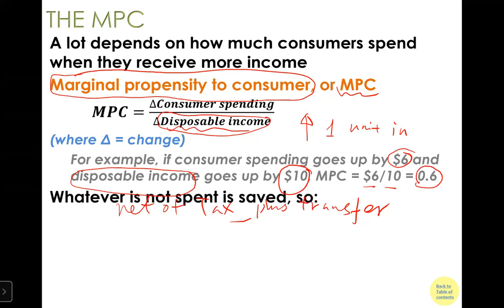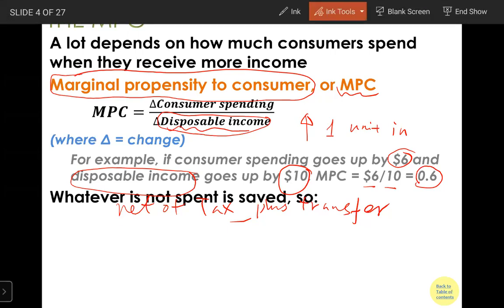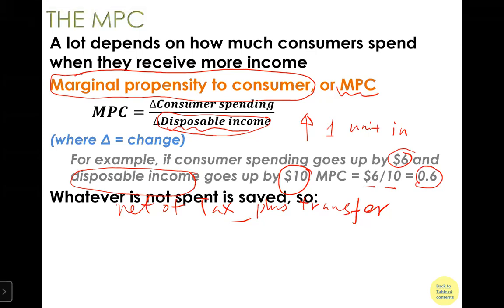Just keep in mind, any dollar you receive, you either spend or you save. So if you have $1, either you consume it or you save it. That immediately means whatever is not consumed goes to saving.